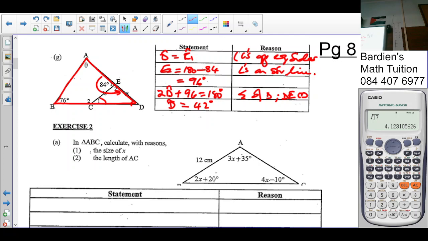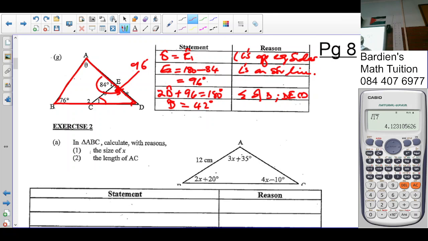You understand, people? Why do I say 2D here? Because C1 plus angle D plus this angle here of 96 adds up to 180. Now C1 and D are different variables, so what I do is I replace C1 with D. Yes, Michael? 2C1, the same, yes.